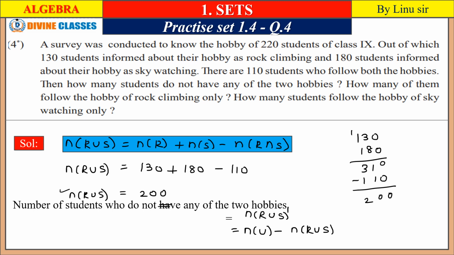This is equal to n(U), that means total students, 220, and minus total students who have the hobbies of sky watching and rock climbing, 200. After subtracting, we get the answer as 20. That means 20 students do not have any of these two hobbies.